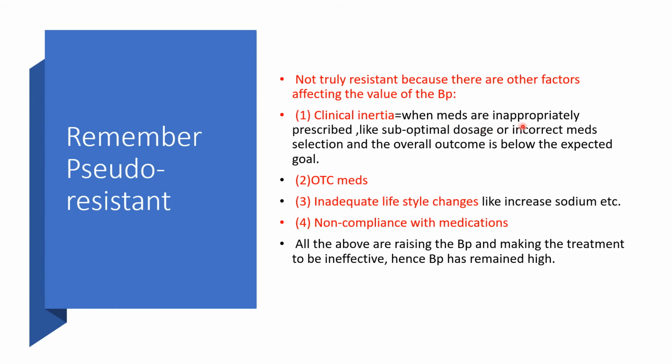When medications are inappropriately prescribed, like suboptimal dosage, or incorrect medications have been selected, then the overall outcome will be below the expected goal, and we think it is resistant hypertension.